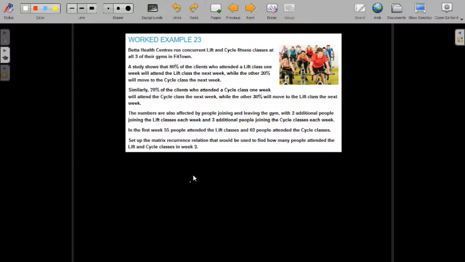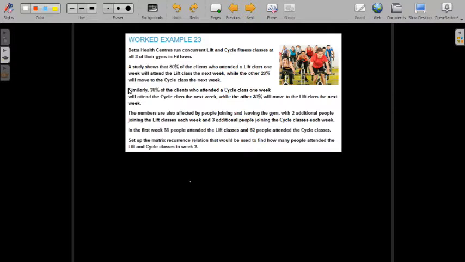The numbers are also affected by people joining and leaving the gym, an additional 2 people joining the lift class each week and 3 people joining the cycle class. In the first week, 55 people attended the lift class and 62 attended the cycle class.